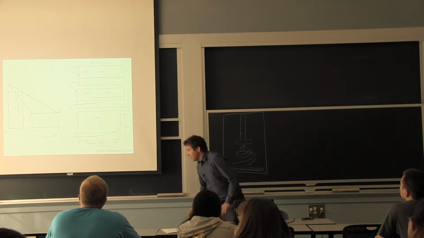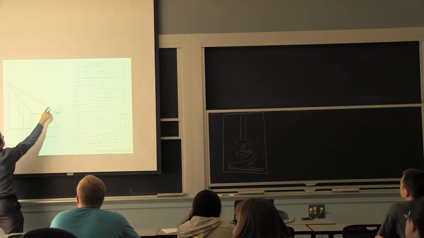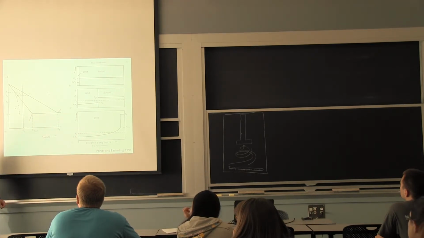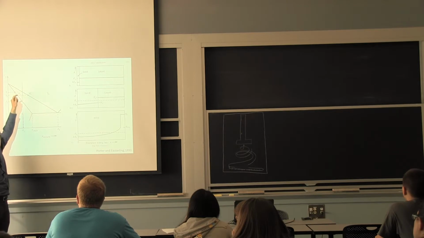So over here, all we have is solid. Over here, we have the liquid. And in between, we have these two zones. So if you start with a nominal composition, the graph has it as x0. That's what you put in the furnace.